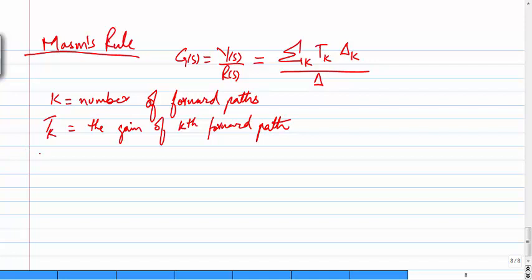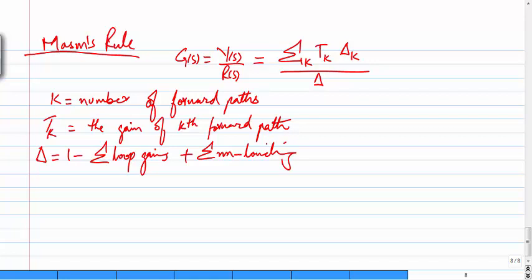Then delta is defined as 1 minus the sum of loop gains, then plus, because we have alternating signs, the summation of non-touching loop gains taken two at a time.